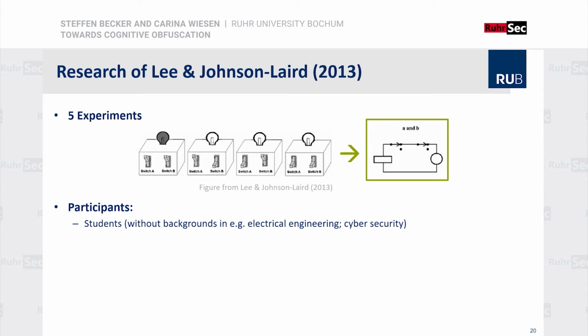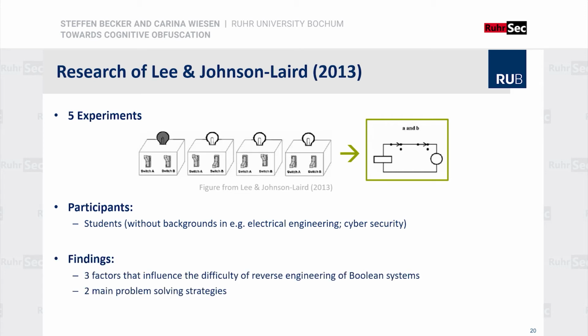In the figure, you can see an example of an AND problem. Both switches have to be activated in order to turn a light on. The participants had to draw a specific circuit representing the lighting problem. Lee and Johnson-Laird conducted their research in a laboratory setting and measured solution time and solution correctness, and also conducted interviews.